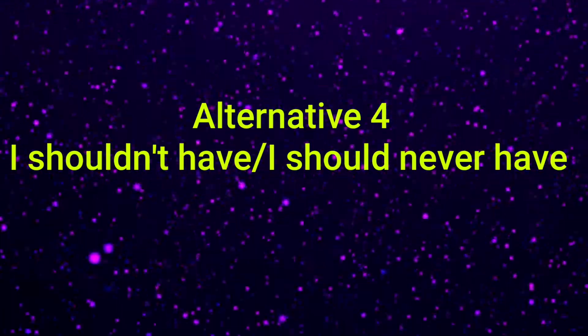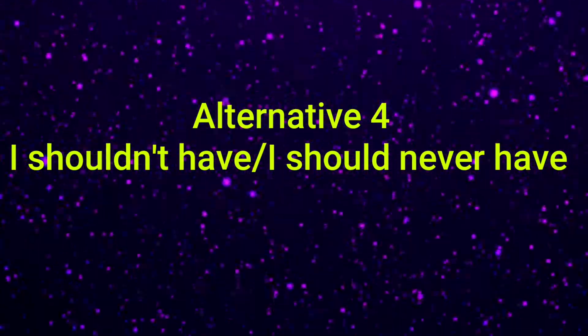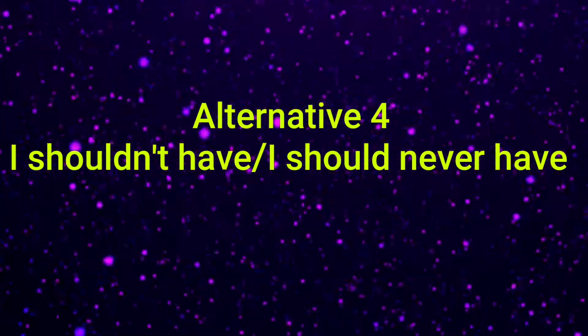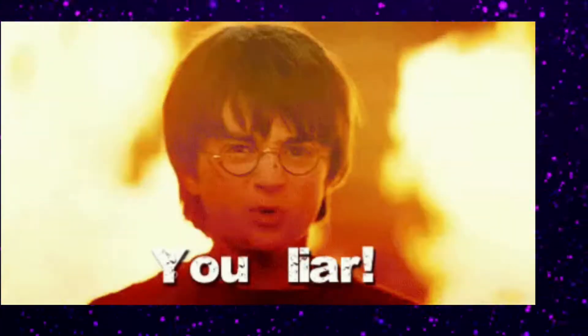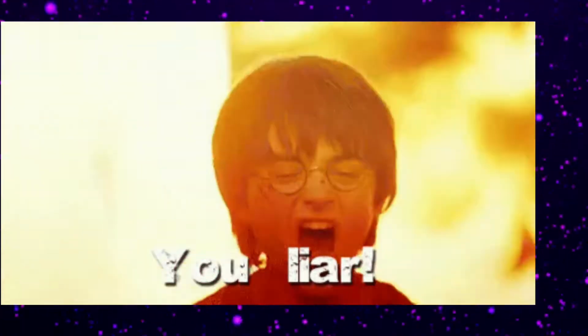So the fourth alternative for saying sorry is I shouldn't have. Okay, I shouldn't have, or I should never have. So this alternative you can use. Suppose you have lied to somebody. For example, you have lied to your parents.